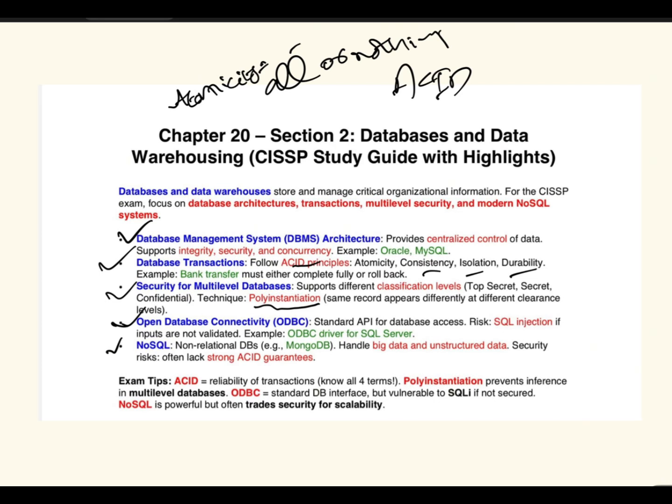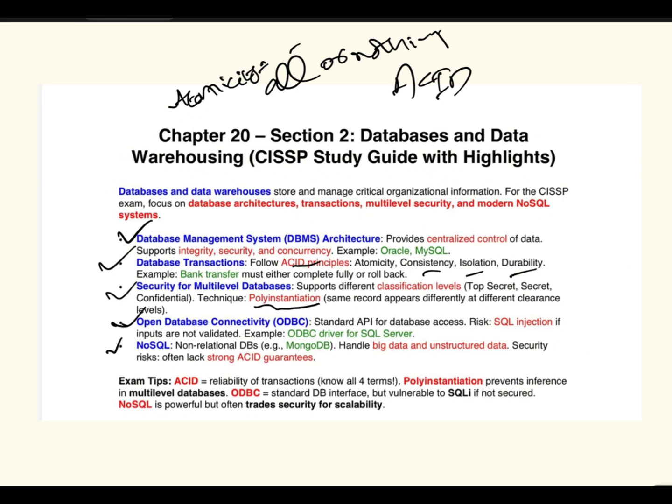Weaker access controls, and it can be vulnerable to injections and misconfiguration. For the CISSP exam, NoSQL trades security and consistency for scalability and speed.